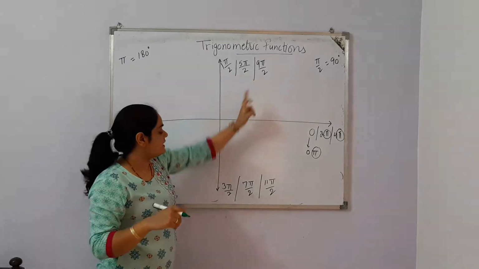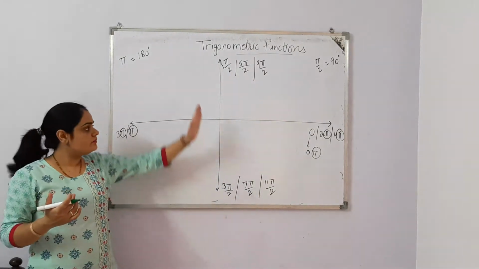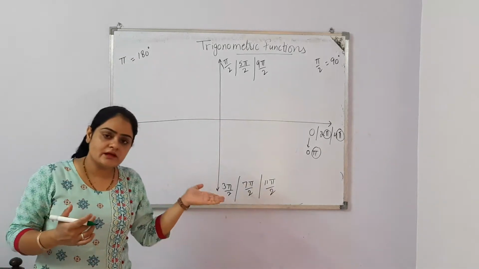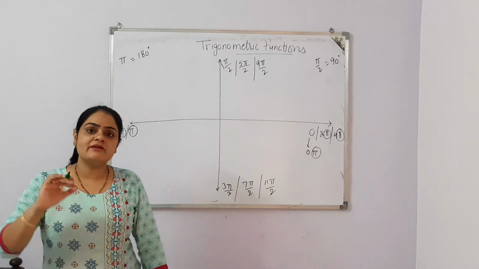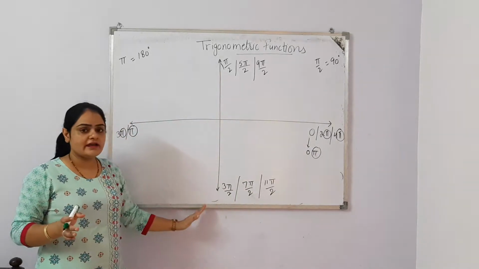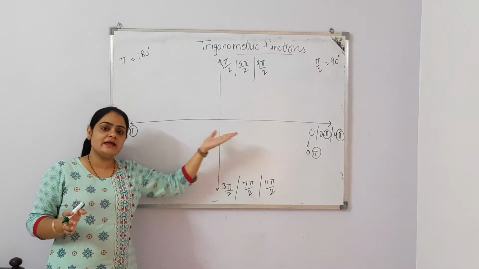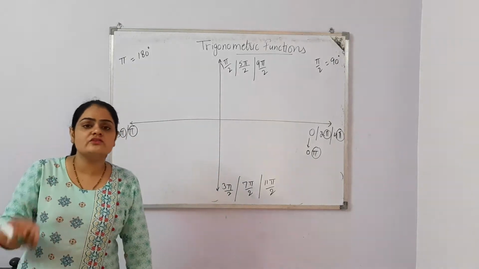So 1, 5, 9, here 3, 7, 11, all are coming along with pi by 2. So the vertical line will give you angles along with 90. That means any number multiplied with 90, we can get the angle, and it lies on the y-axis. And whenever the angle is along with pi, then it is lying on the x-axis, that means on your horizontal line.